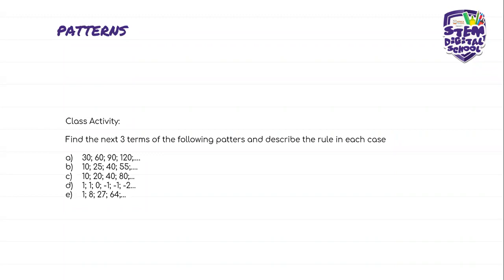He says plus, did you say plus 30, Junior? Or is that for the previous one? Times 2. Nazia says times 2. I think Nazia is talking about C now. Can we finish B? What is the rule in B? Thank you, Nazia. I see your answer. If you times 2, that is for C. Can you give me the rule for B? We have 10, 25, 40, and 55.